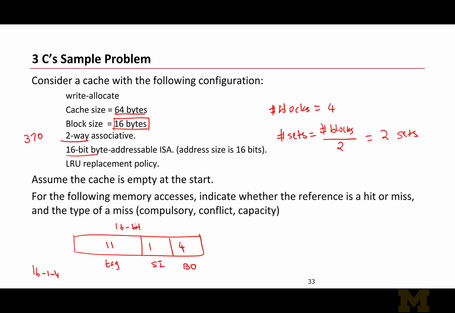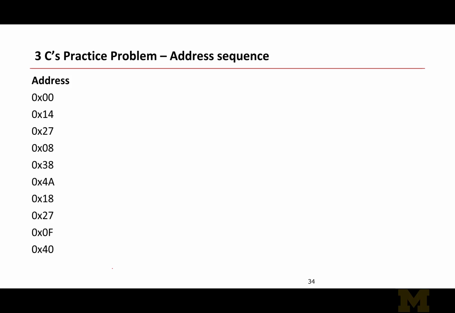So I'm asked to classify this address sequence into the 3 categories that we just spoke about. So remember, when I said that in order to classify, first I need to simulate 3 different caches: an infinite cache, a fully associative cache, and then the given cache.